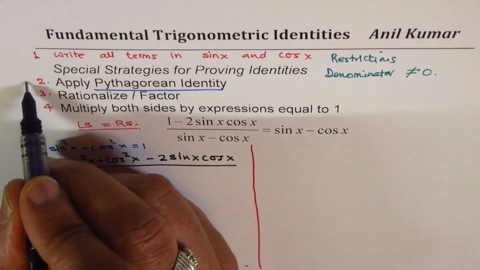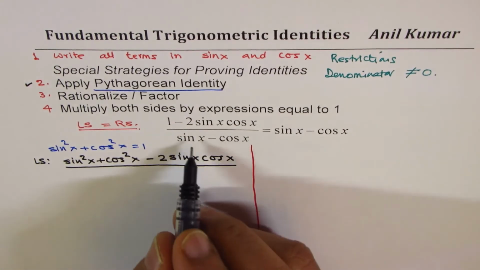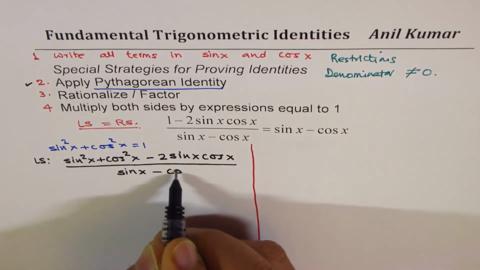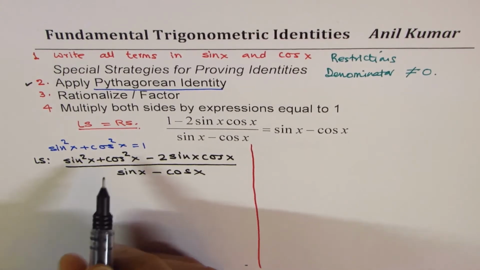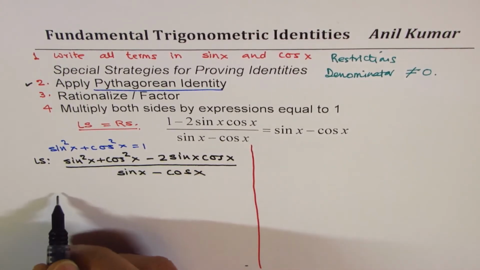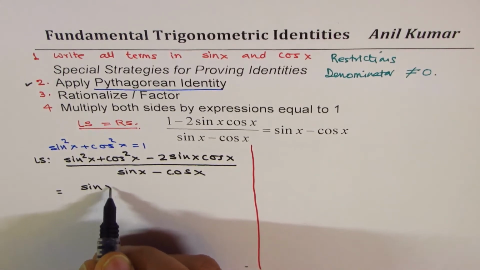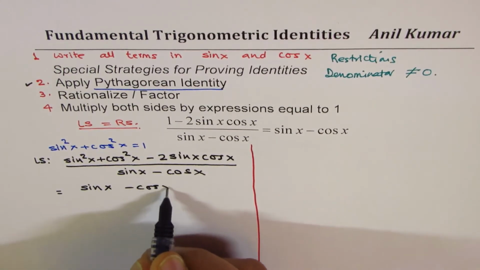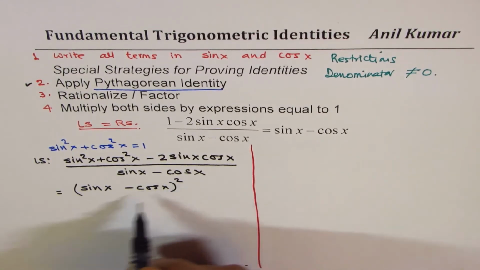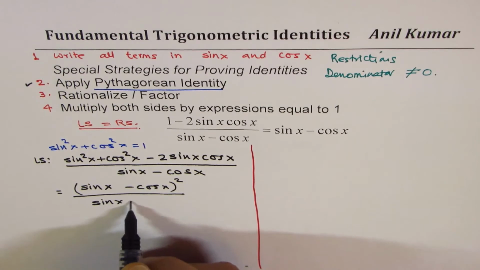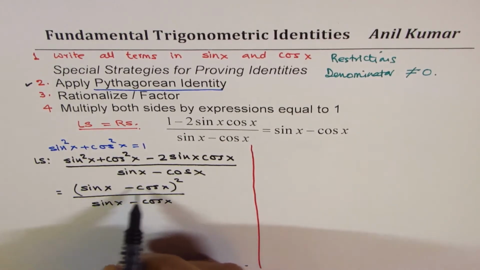That means I've applied strategy number 2 here. In the denominator, we have sin x minus cos x. Now, the numerator is equal to (sin x minus cos x) whole square, and the denominator is sin x minus cos x, correct?